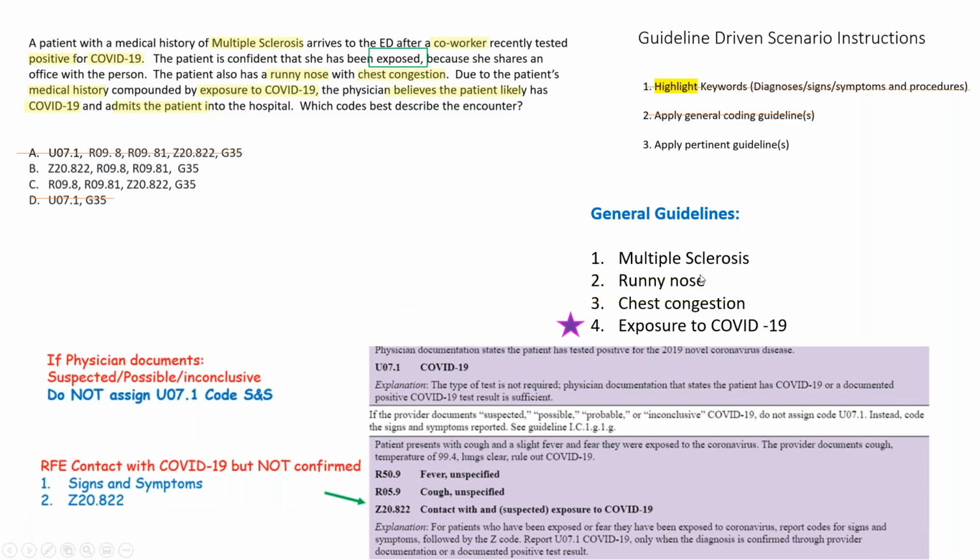So let's get rid of the signs and symptoms from our general guidelines here, because we're going to code these signs and symptoms, and we're going to look at our code selection, and we are going to select the code that represents the correct sequencing order. And that will be C, because B is coding Z20.822 first. And if you said C, outstanding.